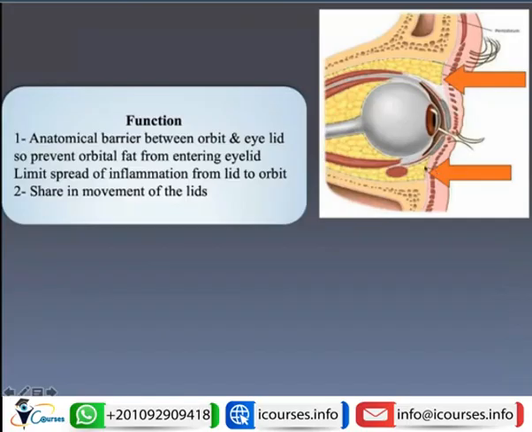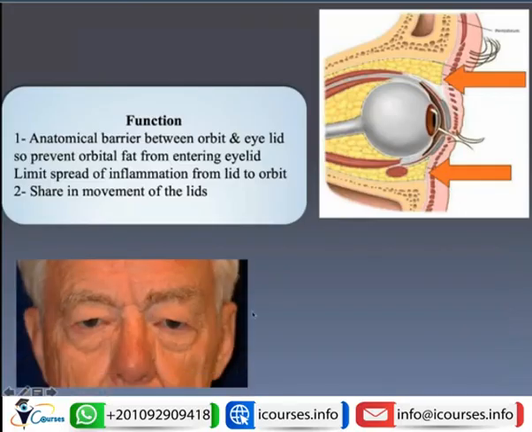Once this barrier is breached or opened, for example with senility, there will be redundancy of the fat, or the fat pockets herniate into the eyelids, causing this bulgy appearance of the eyelids. So this is due to senility and weakness of the orbital septum. The orbital fat now enters into the subcutaneous area.